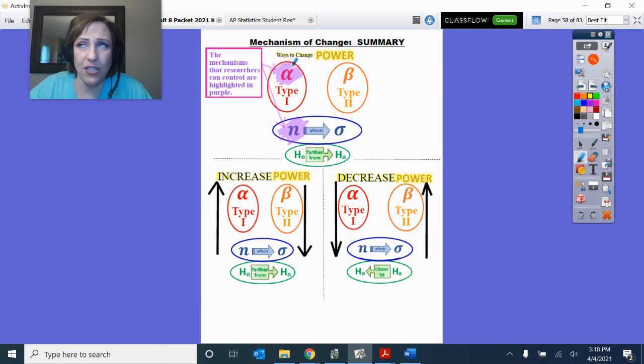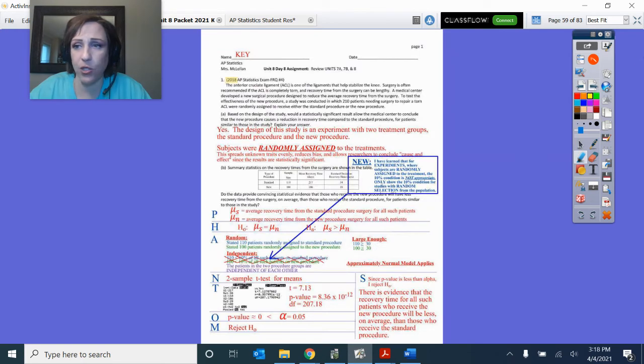And type 1 error actually won't change unless you change alpha, because you, as the researcher, control alpha. The only way you can change that type 1 error is if you change alpha, okay? And then there's those things, and these are ways to change the power, and then down here are the ways that we can increase or decrease power and how those arrows go. Okay, so here we go to the review.